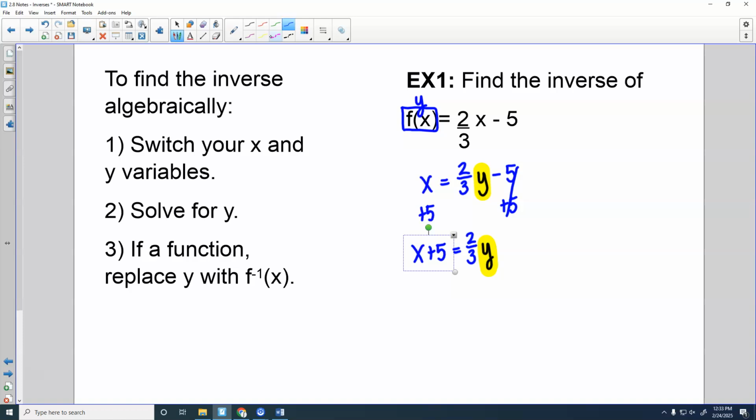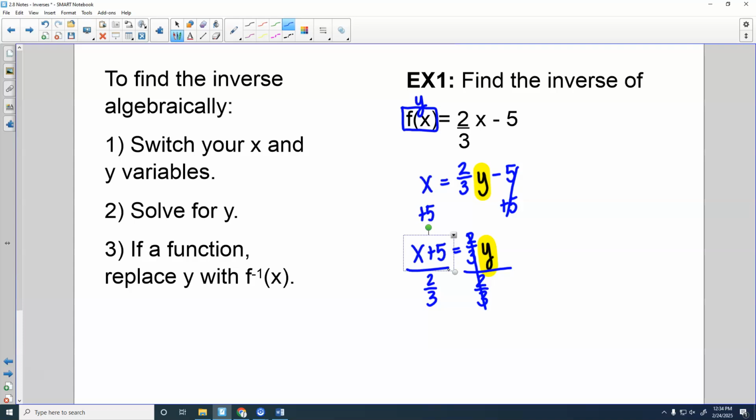A lot of kids tell me to divide by 2/3, which is good. Dividing by 2/3 is what you're doing right there. But when you divide fractions, what do you have to do? Flip the second and multiply.